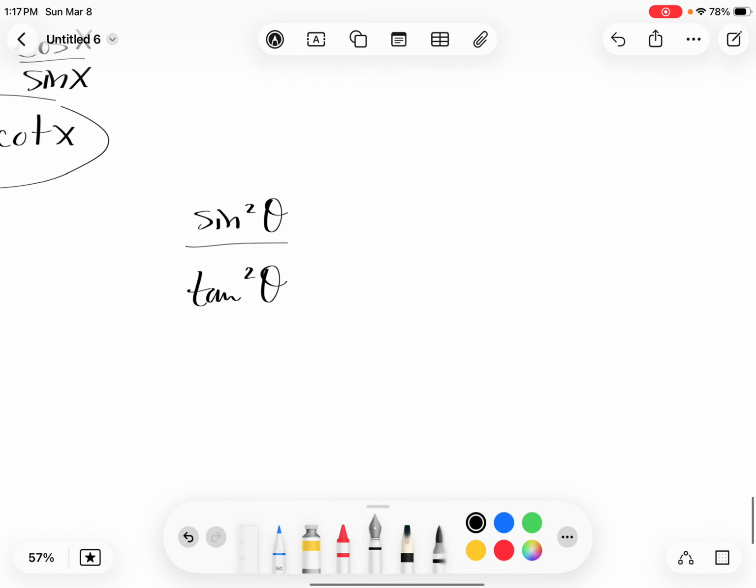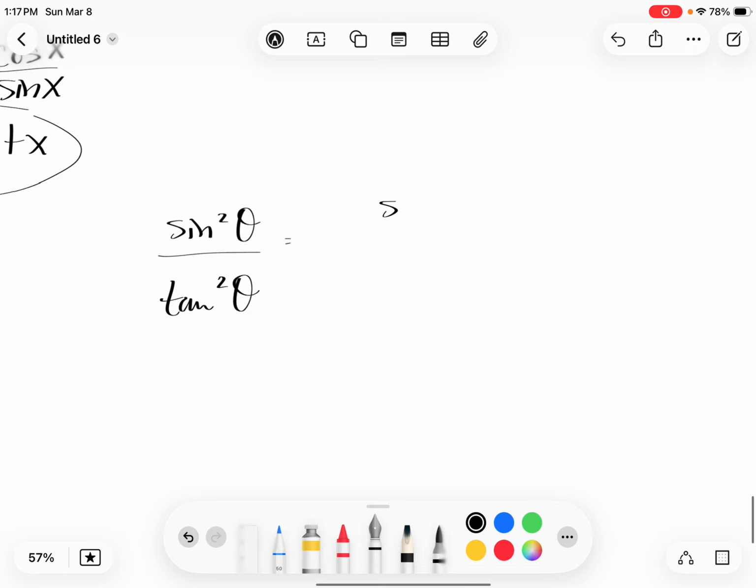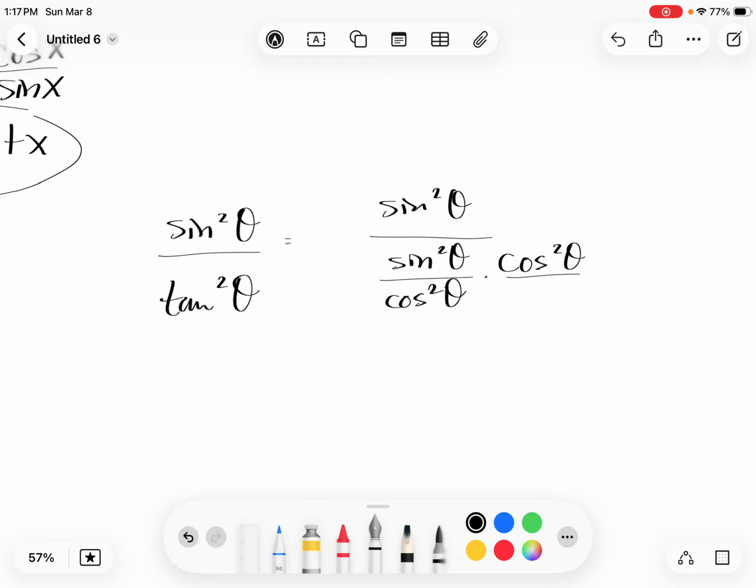So what I'm going to do is the sine I can't do anything about. But the tangent, remember, is equal to the sine squared of theta over the cosine squared. Now to get rid of a fraction inside of a fraction, I multiply by the reciprocal. So this all wipes out.